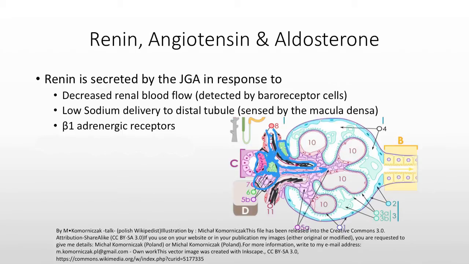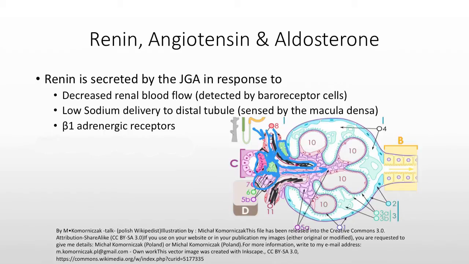They can sense how much pressure or volume is moving in, and so they are baroreceptors. So if there's low flow rate, your body says, hey, I'm low on water, I want to reabsorb some more water, I want to save my water. And so that's one way that it senses low water, by being a baroreceptor.